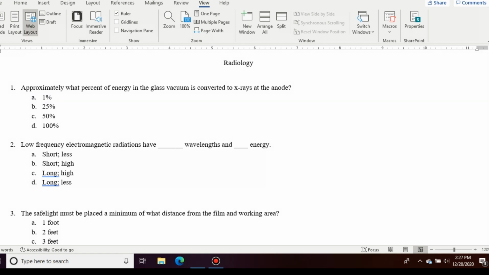Number two, low frequency electromagnetic radiations have blank wavelengths and blank energy. Correct answer is D. They have long wavelengths and less energy.